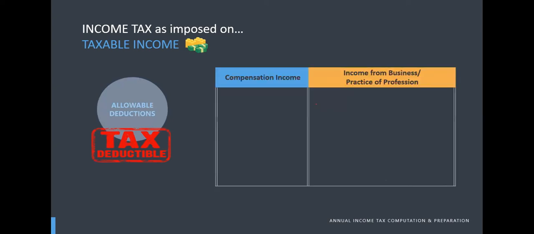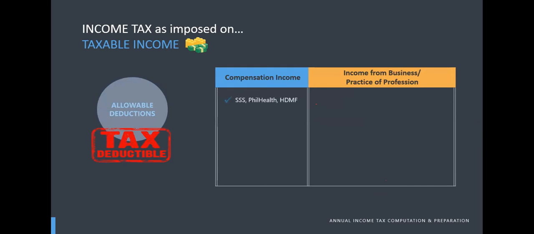Before we go to details, let us first differentiate what is being deducted from a compensation income and what is being deducted from the income from business or practice of profession.